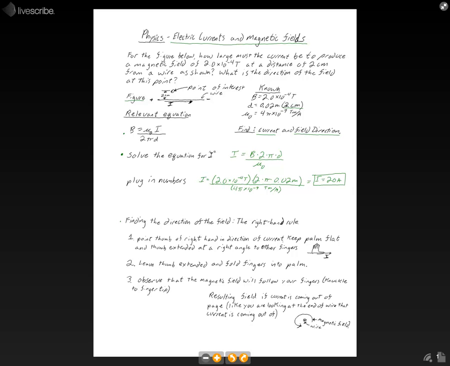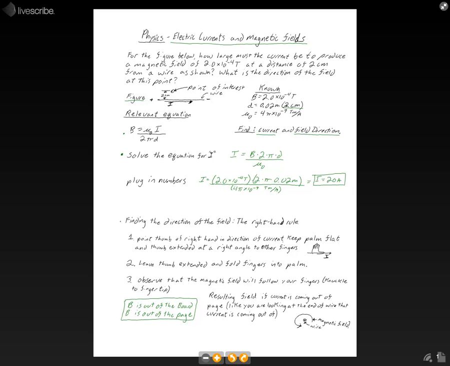So we know that B, your magnetic field, is out of the board or out of the page, depending on where you're working, or in this case, computer screen.